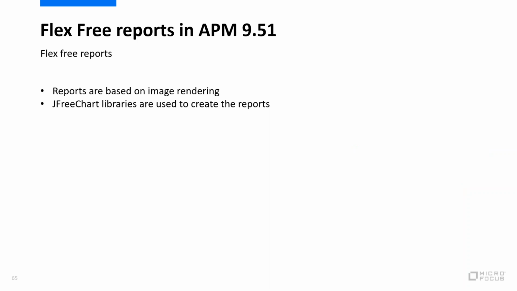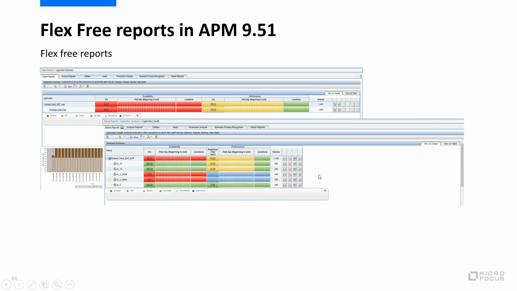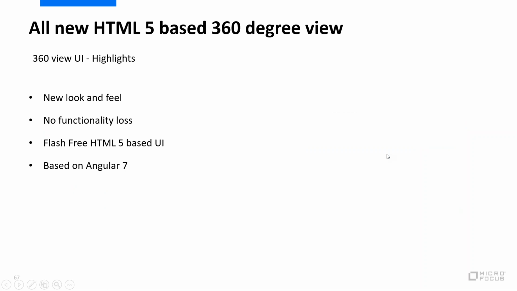Okay, I had explained this Flex-free report already. To replace Flex, we had used JFreeChart libraries. These are the reports which are Flex-free. I mean, these reports are not developed with Flex, but with JFreeChart.